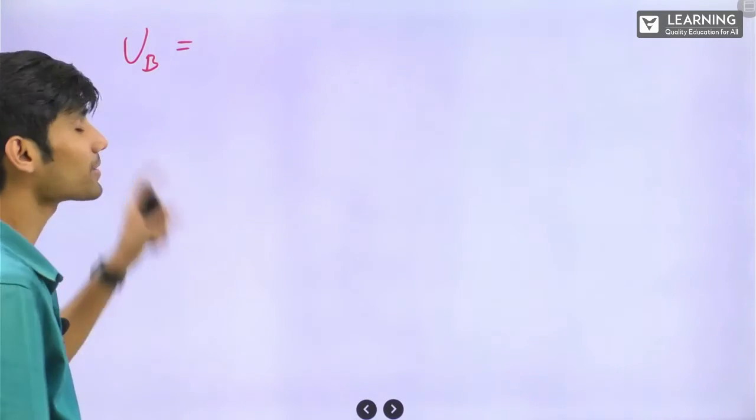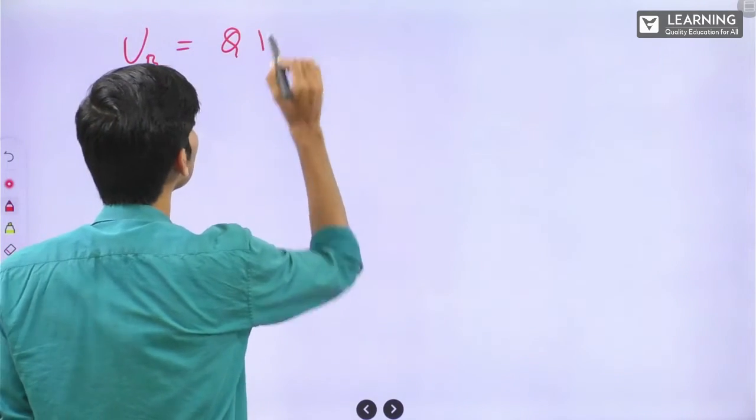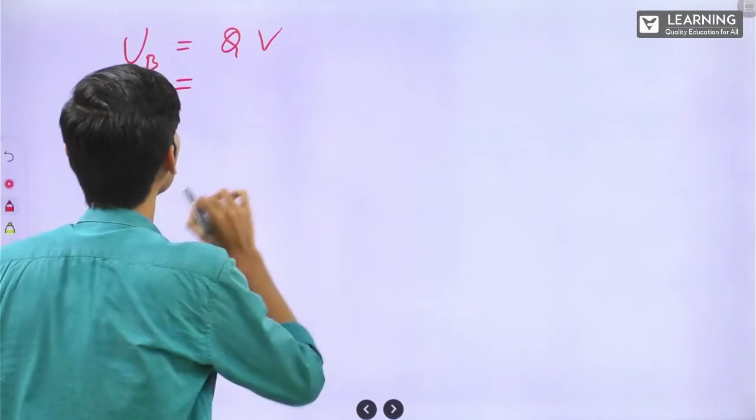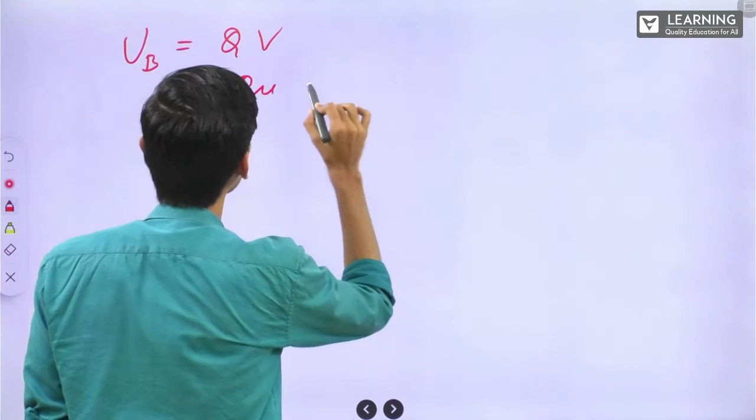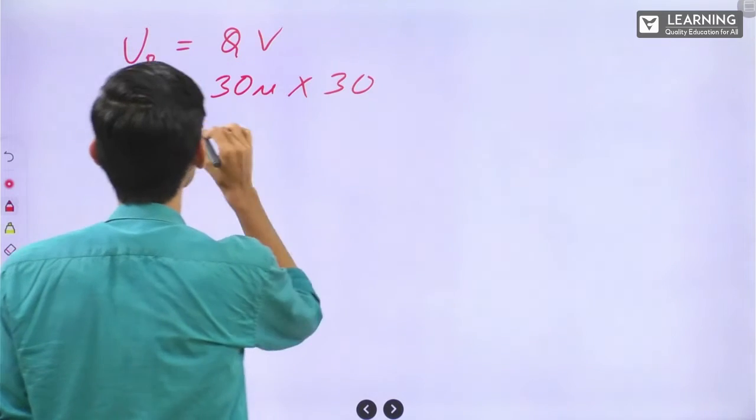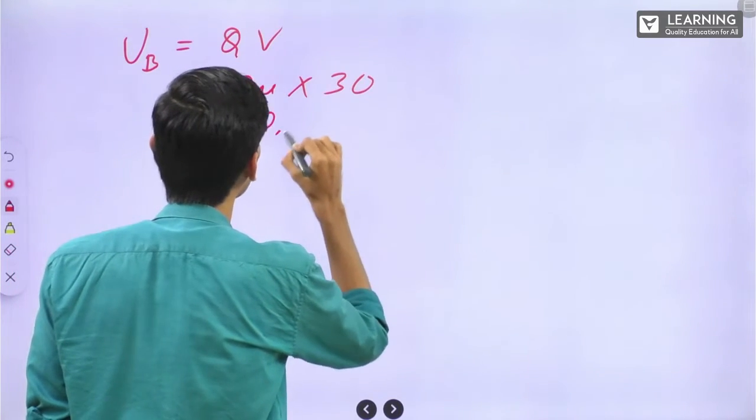Correct? So energy supplied by a battery will be Q into V. That is equal to 30 microcoulomb into 30 volt. That is equal to 900 microjoule.